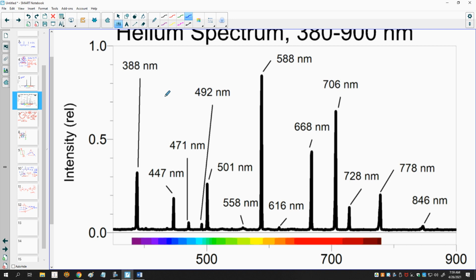And then it also talks about how you have these other absorption spectra. So look back at your lab manual in experiment 11 on that topic.